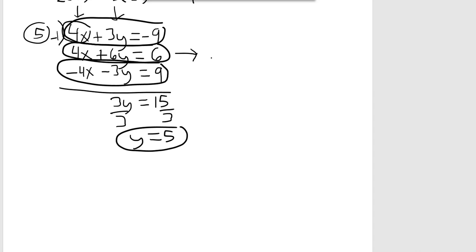I'm just going to go ahead and use the second equation. So I write it just like it is, but instead of the y, I'm going to replace the y with 5, because I know that the y is equal to 5. And now we can solve this equation for the x.